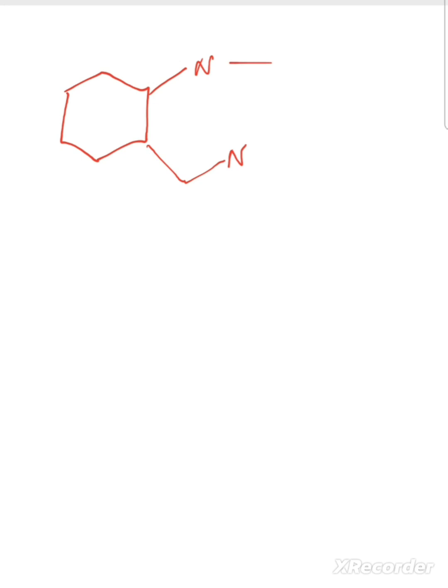Okay, so it has got 1, 2, 3, 4, 5, 6, 7. Okay, so something like that, you get. So here there is hydrogen. Let me put hydrogen there. Then here it will be like this.